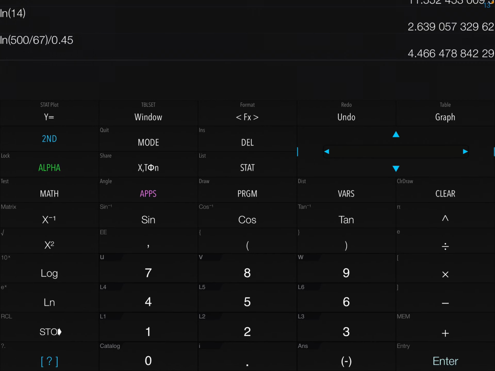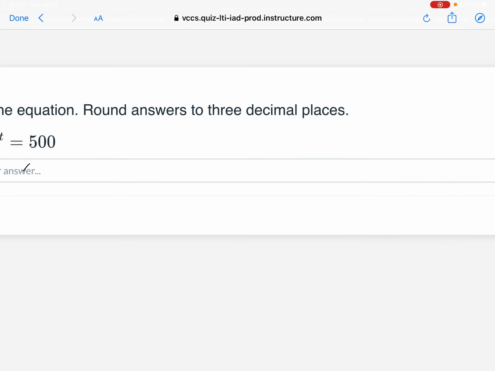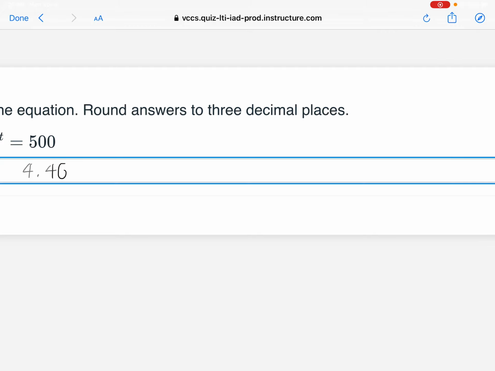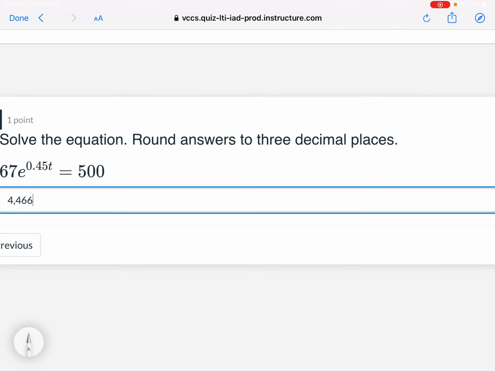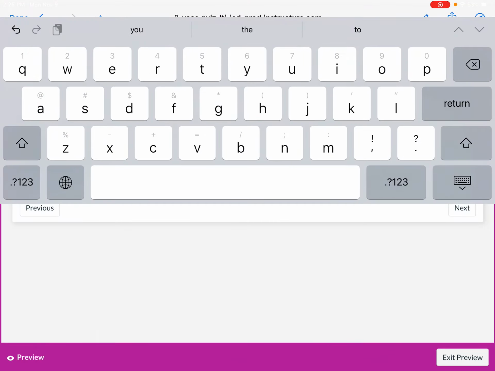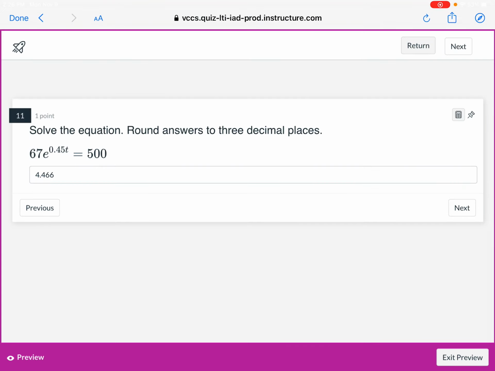It says 4.466. I hope you guys have a good scientific calculator. Oh, not a 4 comma. It's a 4.466. Yep. All right.